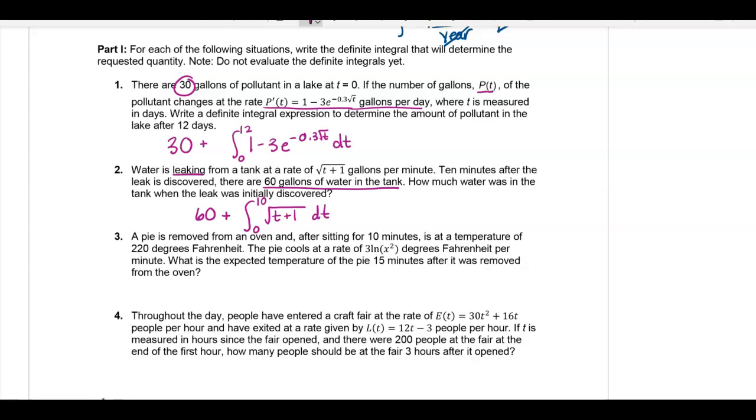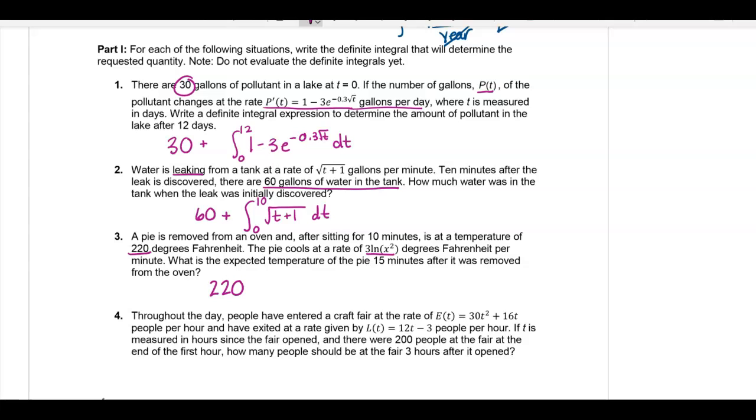We have a pie. Sounds kind of like Newton's law of cooling, but it doesn't say that the rate of change is proportional or anything like that, so it's not Newton's law of cooling. So let's see, the pie cools at this rate. 220 is the number we have. So again, we're going to have to start with 220 here because that's the only value we have.